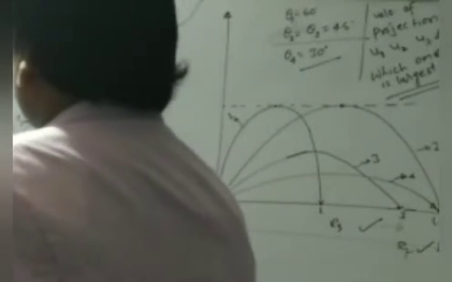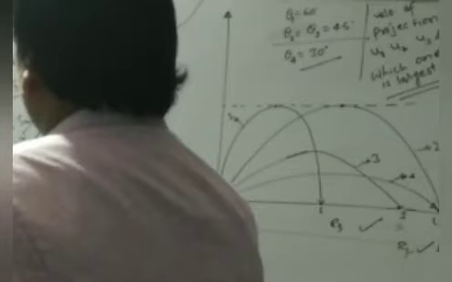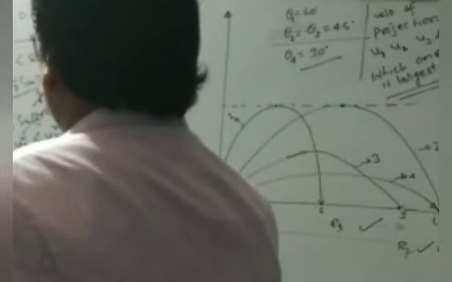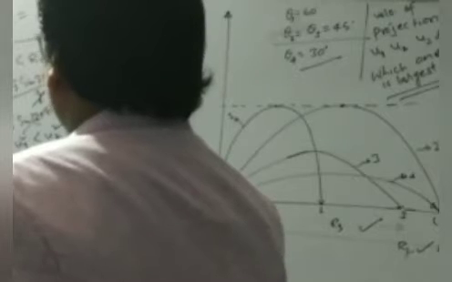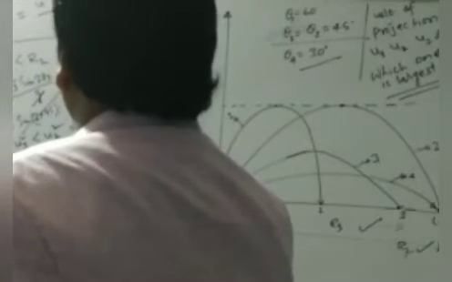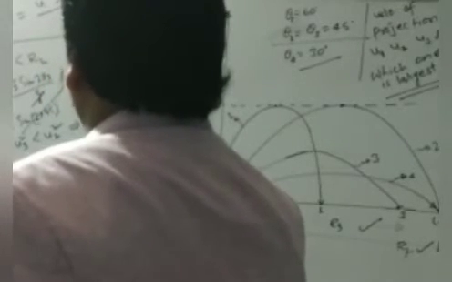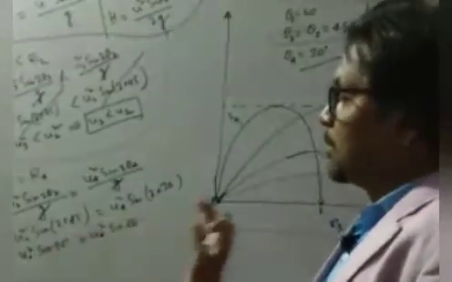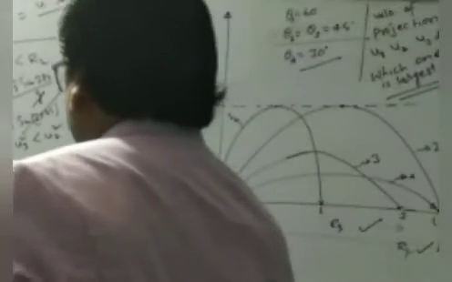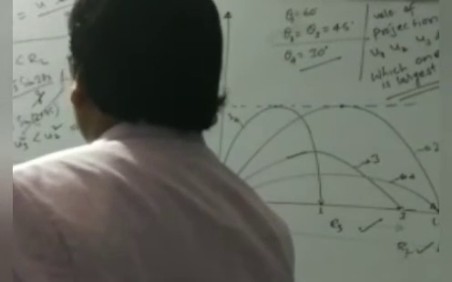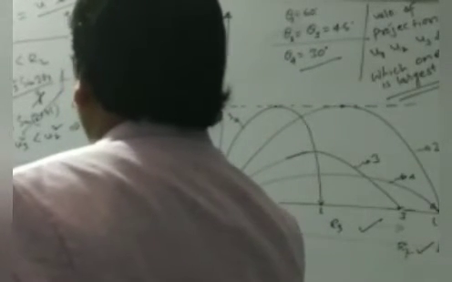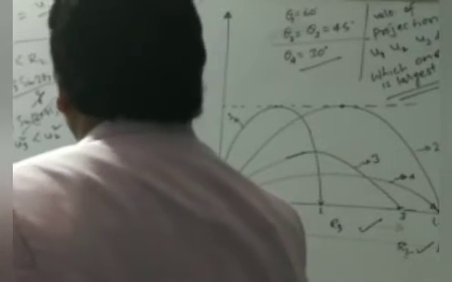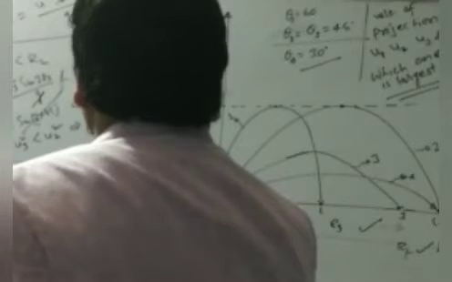So this is basically u2 square sine 45 into 2 means sine 90 degree, and this is u4 square sine 60 degree. This will give you u2 square into 1 equals u4 square into sine 60, which is root 3 by 2.